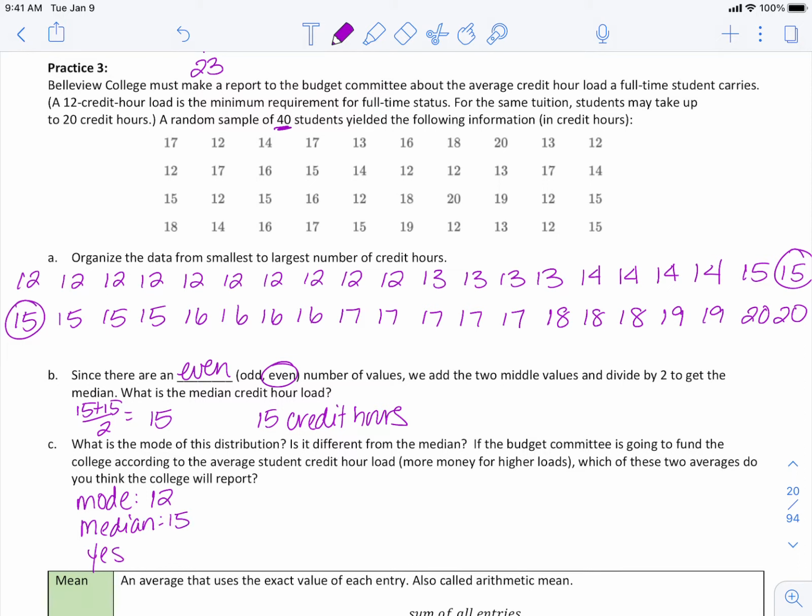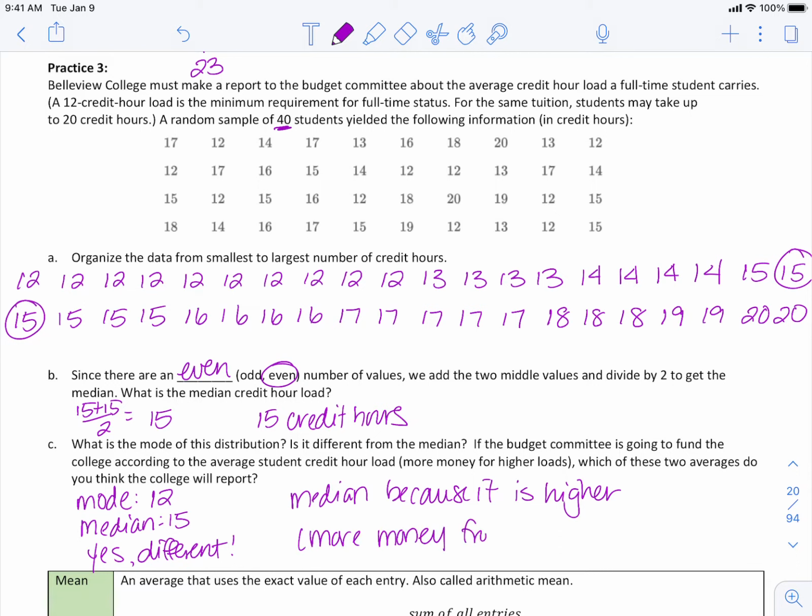So yes, they are different. They want to report the higher number because it's more money for a higher load. So they would report the median because it is higher, which means more money from funding.